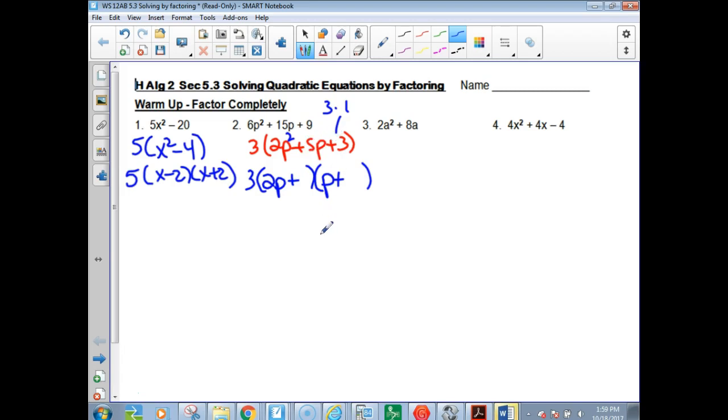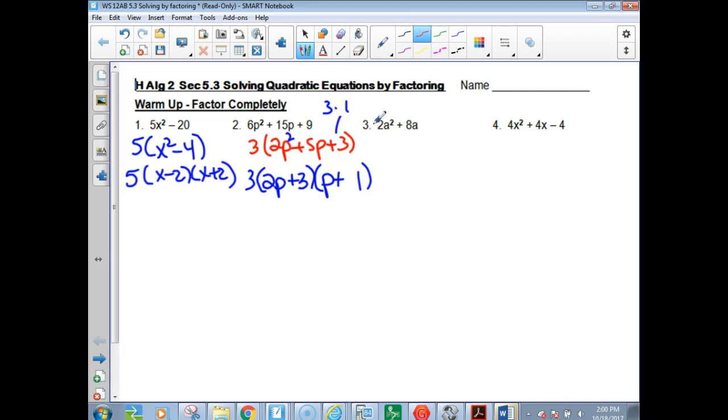Then I say, where do I put the 3 and the 1 so I can get a 5 in the middle? Well, if I put the 3 down here, I'm going to get 2p times 3, which would be 6. That's too much. So I'll put the 3 here, put the 1 here. Now I'll have 2p plus 3p. That's where the middle term comes from: the outer multiplied and the inner multiplied. And then 3 times 1, I verify, is positive 3. That's fully factored.